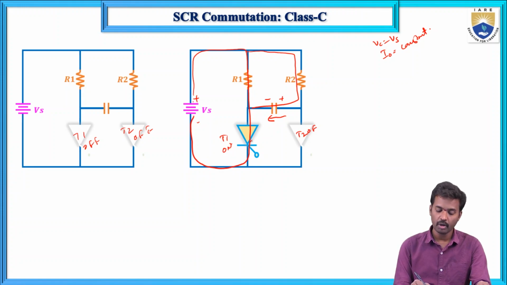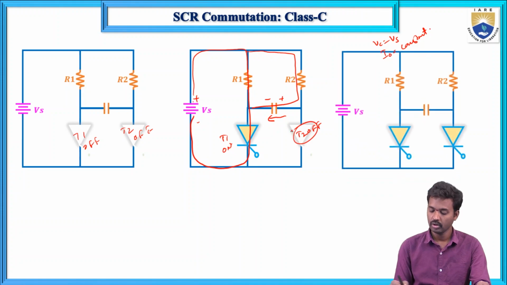Now T1 is turned on, and our job is to turn off T1. For that, I will turn on T2, so T1 is on and T2 is on.